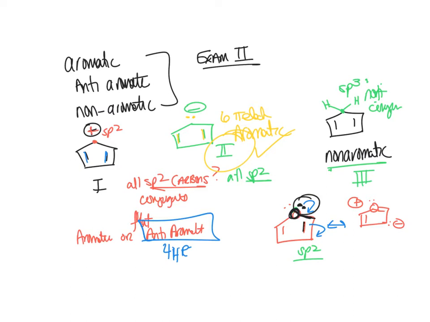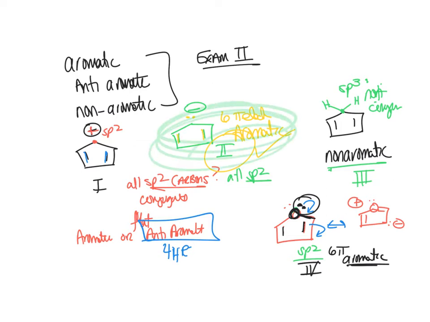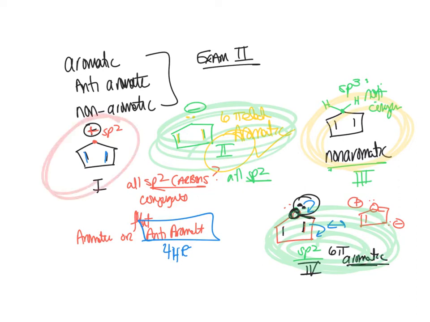And then you have 3, 4, 5, 6. And you know 6 pi electrons follows Hückel's rule, and that's aromatic. So 4 is aromatic. Let's highlight these with a little highlighter. So 2 is aromatic, and 4 is aromatic. 3 is non-aromatic, and we have 1 is anti-aromatic.